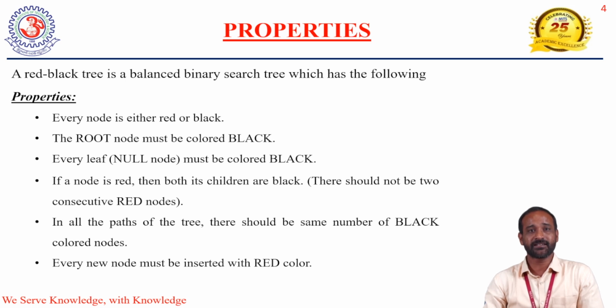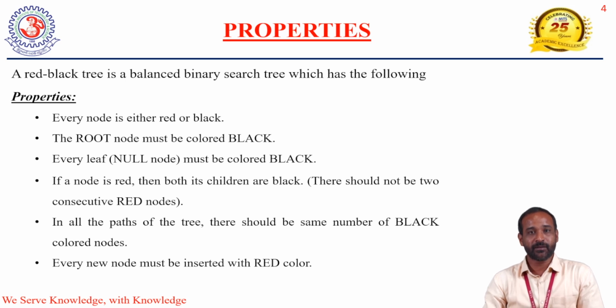In all the paths of the tree, there should be the same number of black nodes. This will be considered after the end of the insertion. We can check all the nodes, whether the two paths contain an equal number of black nodes or not. While doing insertion, we check that every simple path consists of an equal number of black nodes.